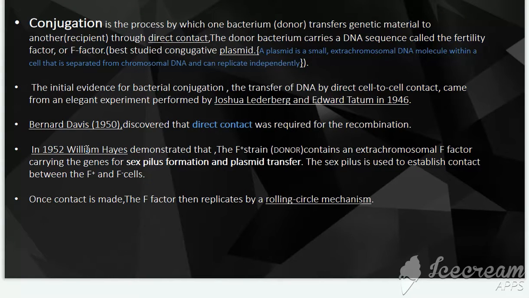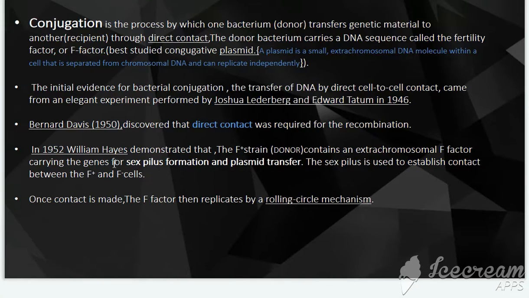Then in 1952, William Hayes demonstrated that the F plus strain is a donor strain, right? And the one receiving the genetic material is the recipient. This donor cell contains the extra chromosomal F factor, which we call a plasmid.